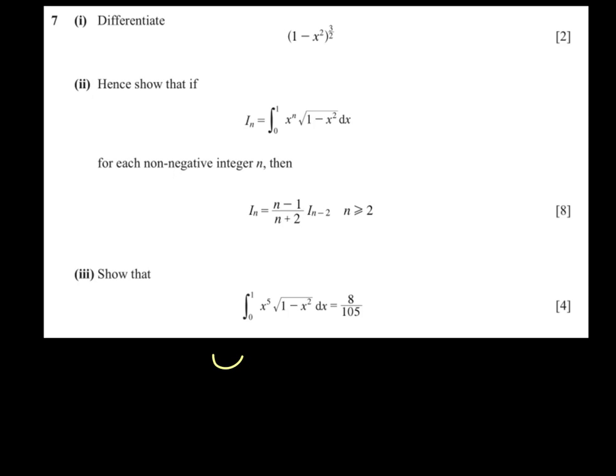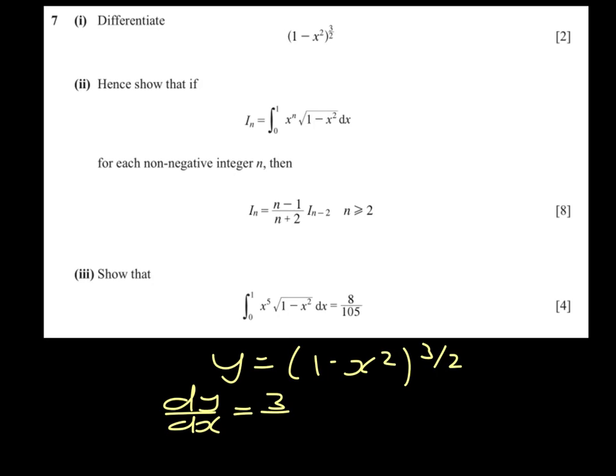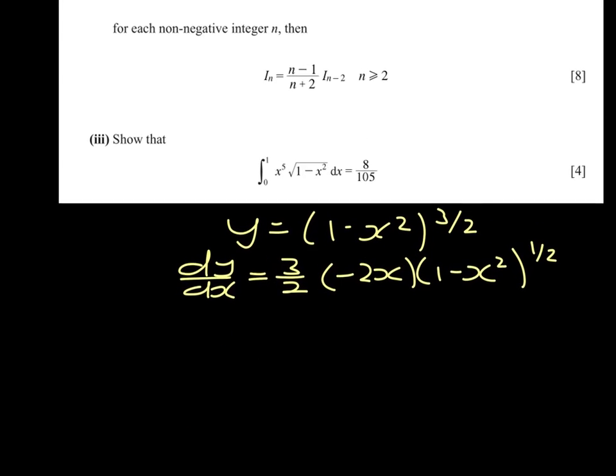So we let y equal (1 minus x squared) to the power 3 over 2. Whenever we're differentiating this, we're using the chain rule. So we bring down the power, multiply by the differential of the bracket, our original bracket, and take 1 away from the power.